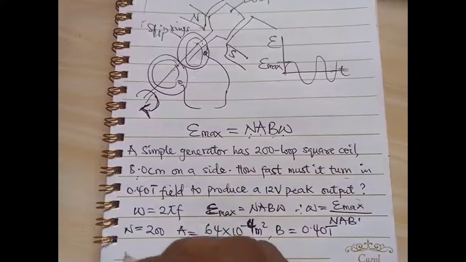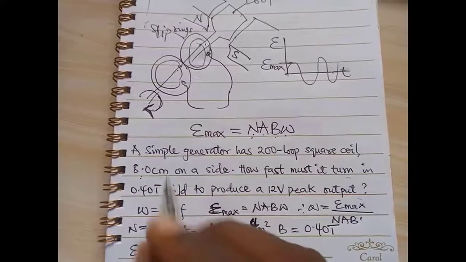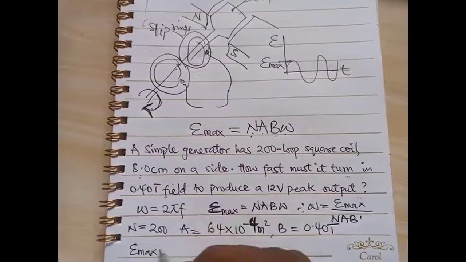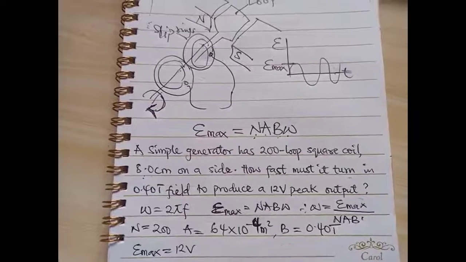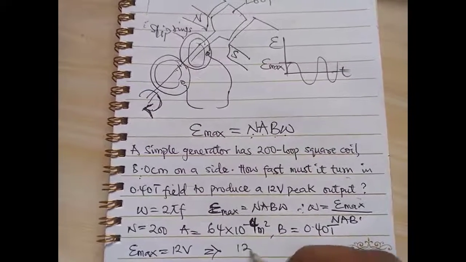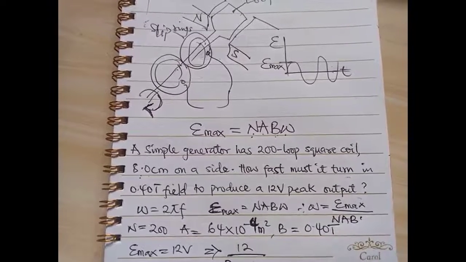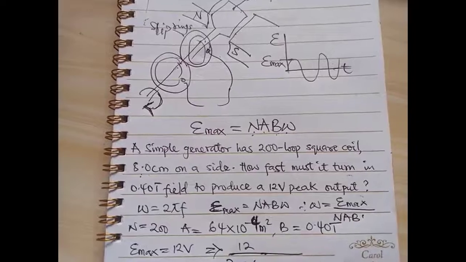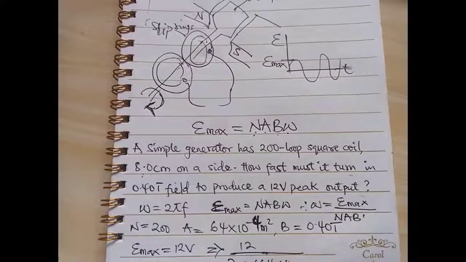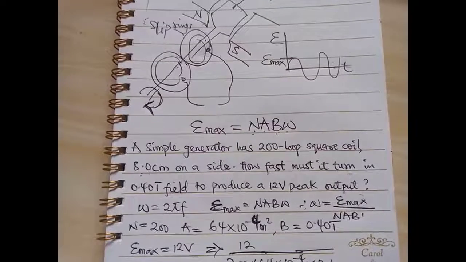Now we have that the E max given to us, the peak, is 12 volts. So if we fix all of this in, we will have 12 over N, which is 200, times 64 times 10 raised to the power minus 4 times 0.40.